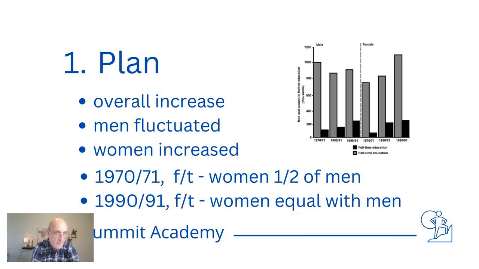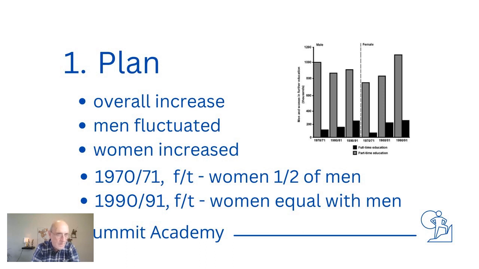So if I want to make an easy comparison, I'm going to write that the number of women enrolled in full-time education was half of that of men. But in 1990, if we look at the graph, women became equal with men in terms of the number enrolled in full-time education. So I'm just making some observations and making notes.